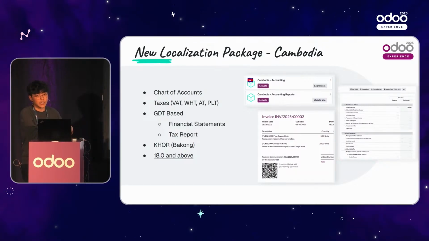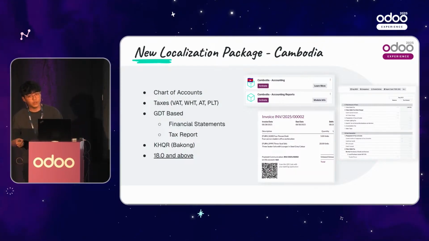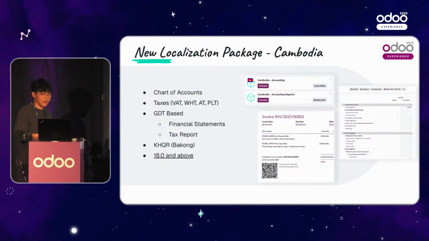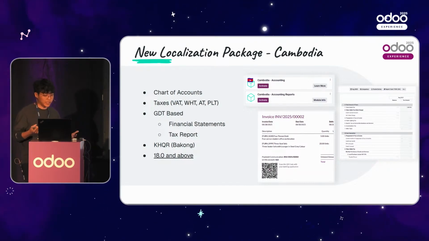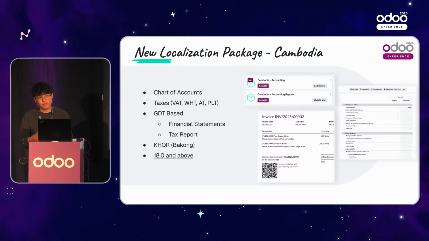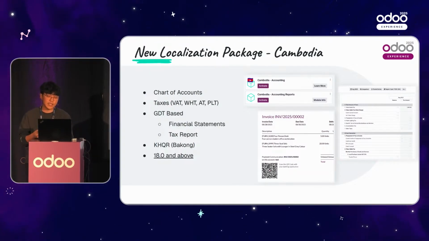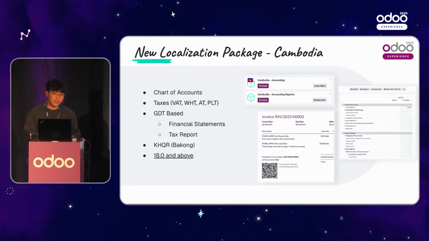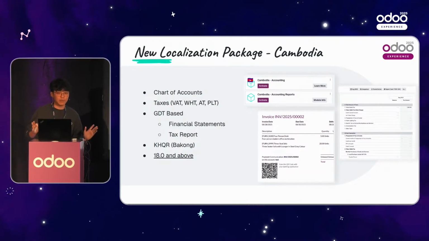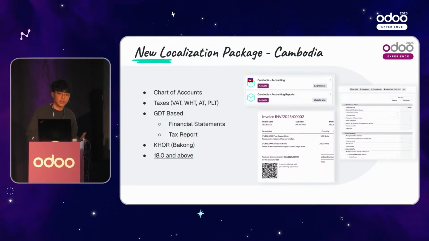Now in Odoo, as long as you have the Bakong ID, you can use that Bakong ID to receive payments in Odoo, which includes, of course, the POS, e-commerce, and invoicing directly inside of Odoo. So now you have this package, and it is available in 18.0 and onwards, with which you can generate all the GDT-based compliant reports, including the KHQR.